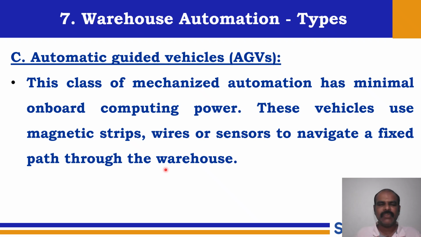This guidance will be given either by a magnetic strip, that means a magnetic strip will be laid on the shop floor, and this is going to be a simple line following machine. It is going to follow the magnetic strip already laid onto the floor surface, or it will be wires or sensors, a line following robot to be precise.